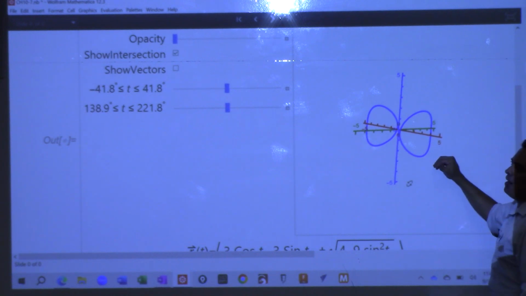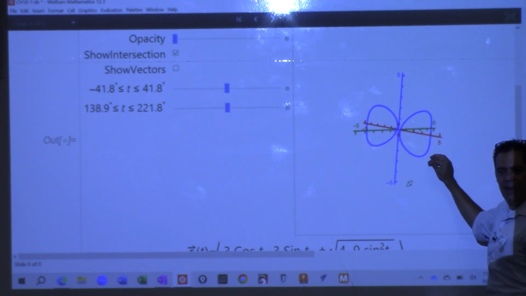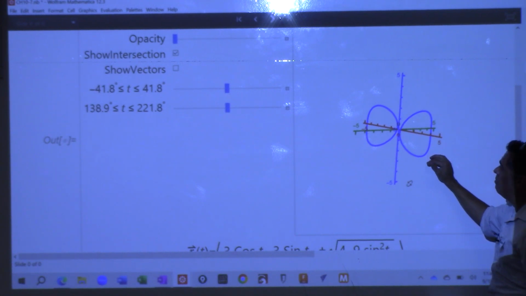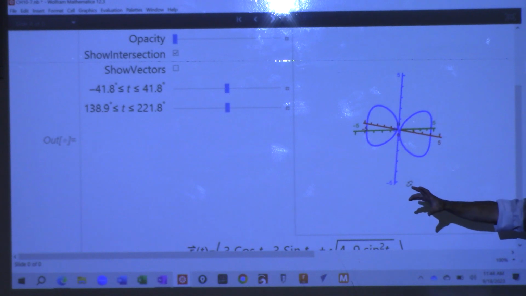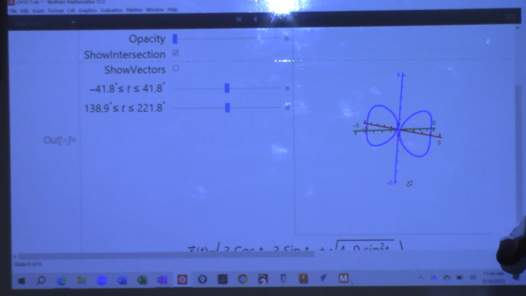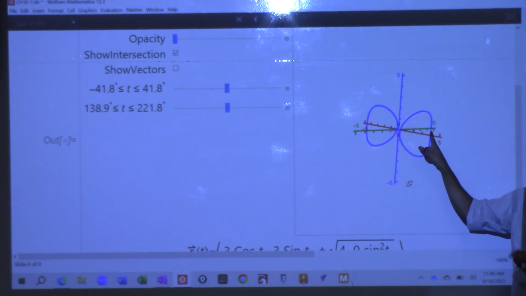Why would we even care to know this? Maybe you have some pipelines, and these are the intersections, and you're going to hire somebody to weld all these intersections together. And so we'd like to know the length of this curve. Now, we haven't talked about how you find the length. That's the next section. It's called arc length.